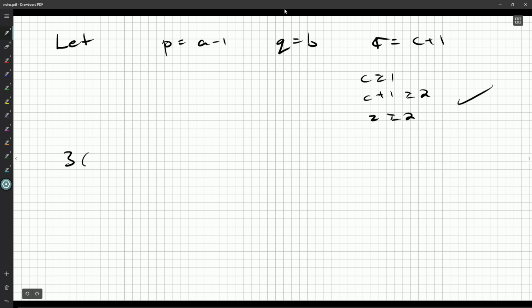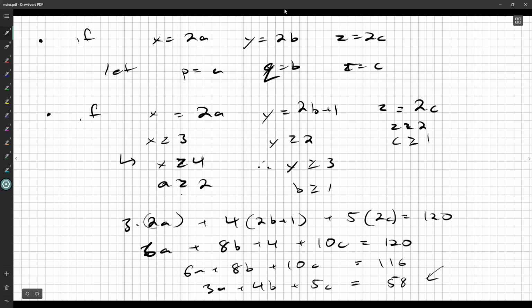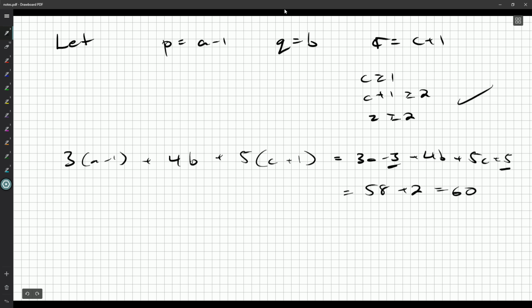And then we see 3a minus 1 plus 4b plus 5c plus 1 should be 3a minus 3 plus 4b plus 5c plus 5, and that makes my remaining. So the minus 3 and the 5 give me the remaining 2, and I get 60. So great, this case is done. So obviously c is half of z, but adding 1 should still be less than z. We're good to go there.